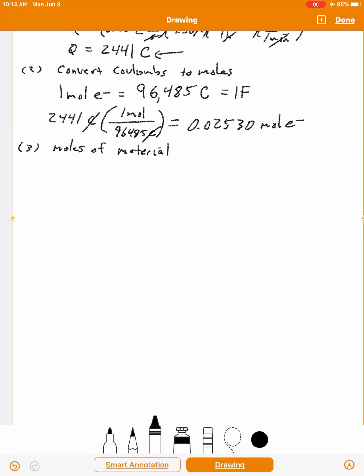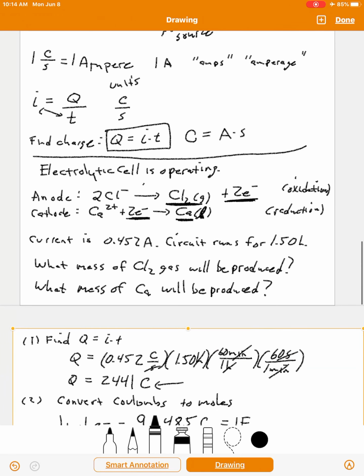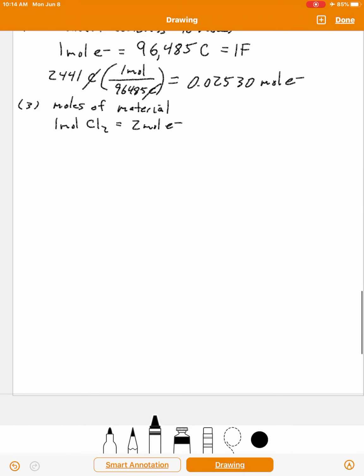And what we have here is moles of electrons. So let's do the chlorine first. It's 1 mole of chlorine gas for every 2 moles of electrons. So see how I'm doing that? I'm just doing stoichiometry. I'm just connecting the moles of the electrons to the moles of chlorine from the balanced equation. Just use the half reaction.